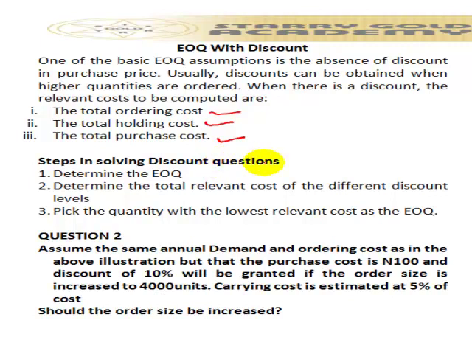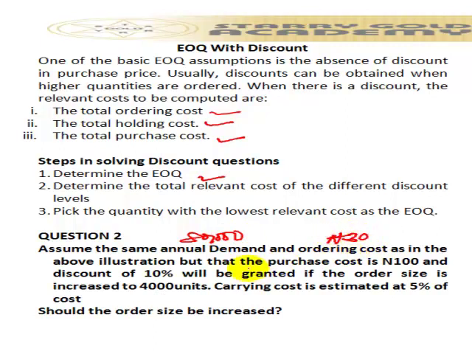The steps in solving discount questions are to determine the EOQ, determine the total relevant cost of the different discount levels, then pick the quantity with the lowest relevant cost as the EOQ. Now we assume the same annual demand, the 80,000 units in the question above, and the ordering cost, which is 30 naira.